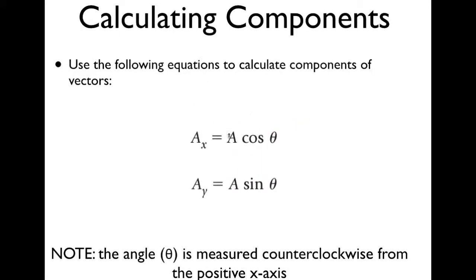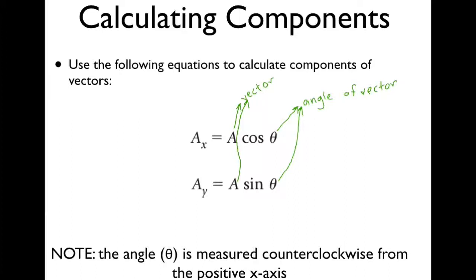So when you calculate the components of the vector, Ax and Ay are going to be the x and the y components. This is going to be the vector, and this is going to be the angle of the vector. Same for this one. Now, this note at the bottom, that's pretty key.